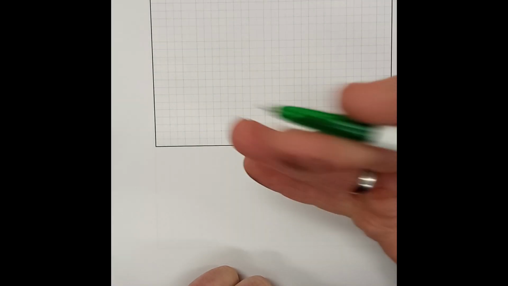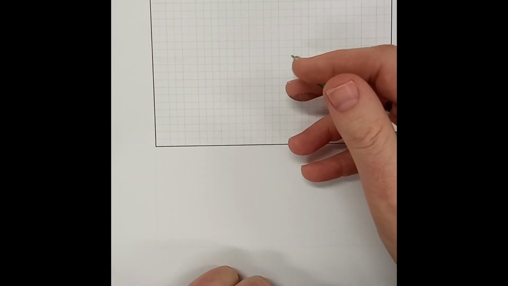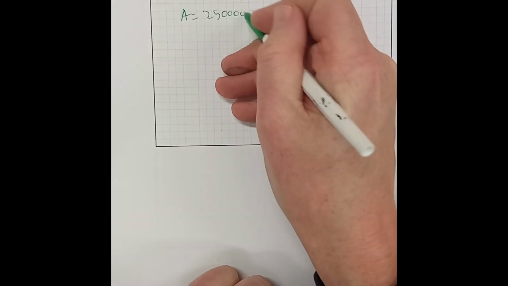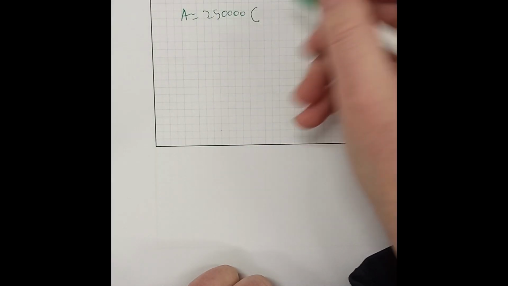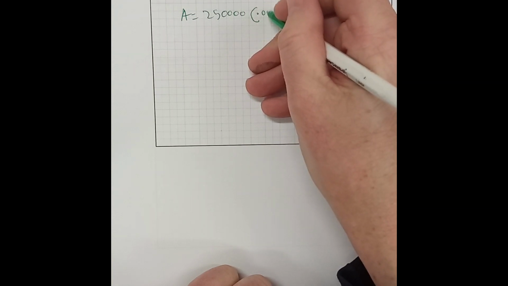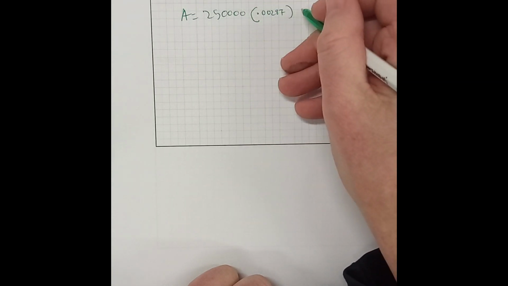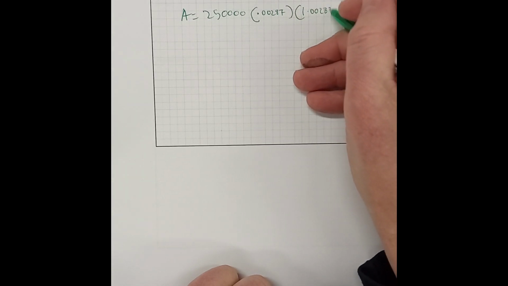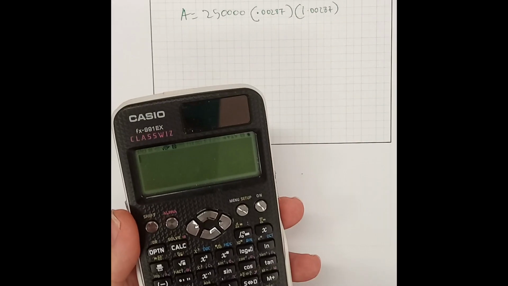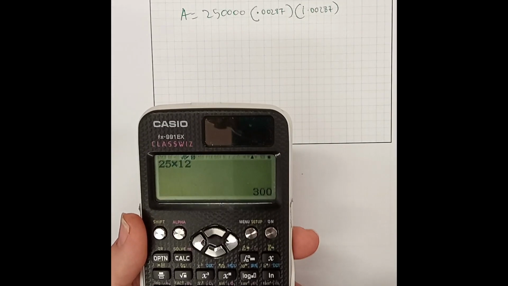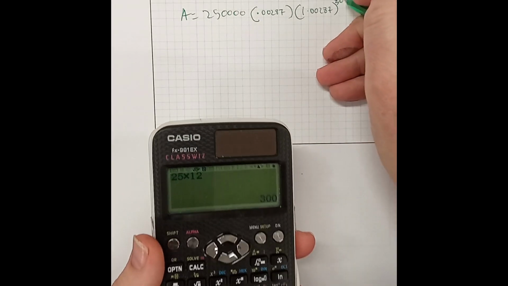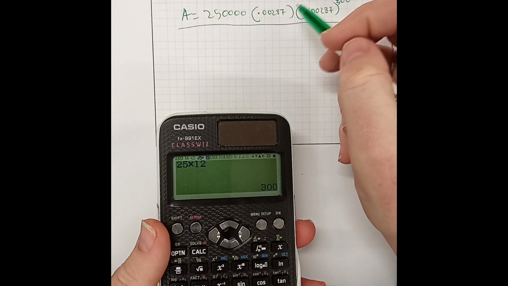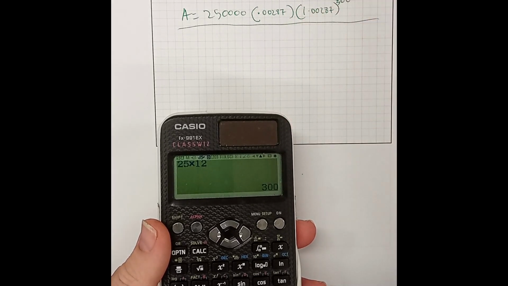Okay? So again, just grab out your formula. It's not that hard. The monthly repayment is going to be equal to the principal, which is 250 grand, times bracket the I, which is 0.00287, and then 1 plus I, 1.00287 to the power of 25 times 12, which is 300, all over 1 plus I to the t minus 1.